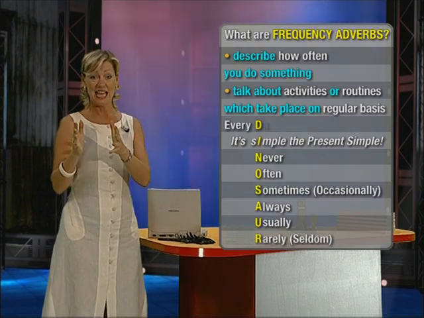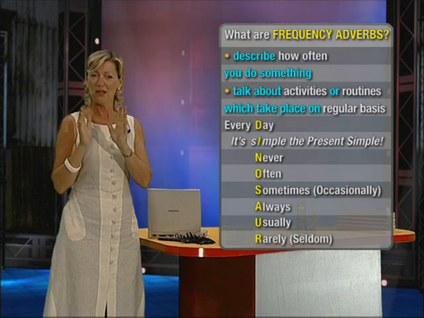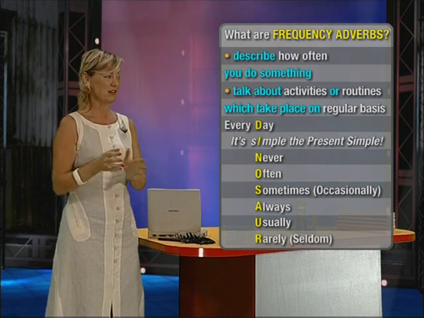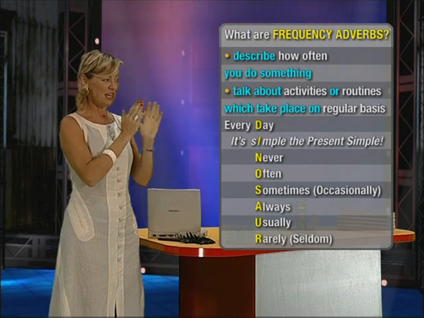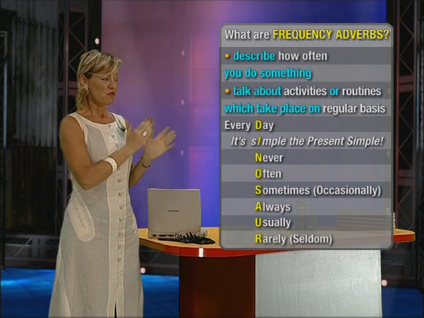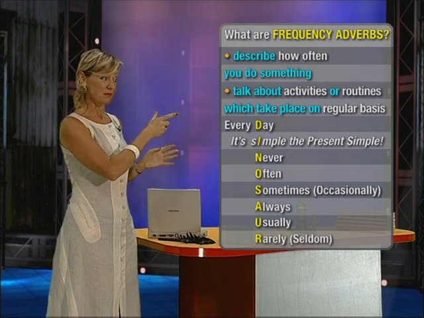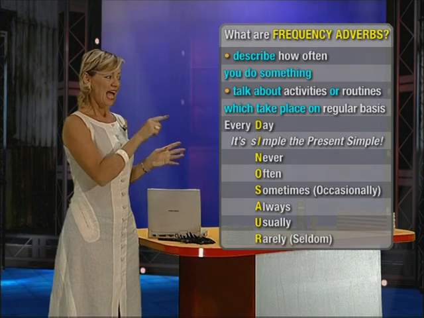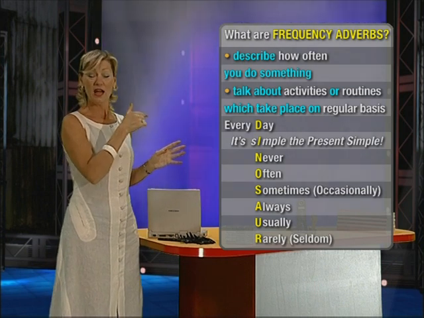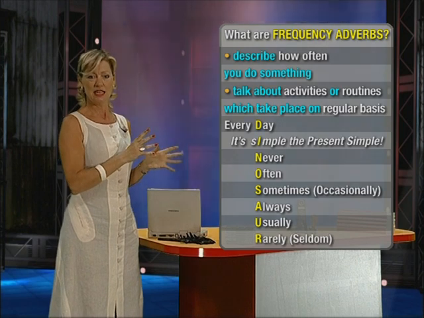Every day. All right, so those are the main frequency adverbs. Every day, never, often, sometimes, always, usually, rarely. You notice sometimes is also the same as occasionally, and another way to say rarely is seldom.